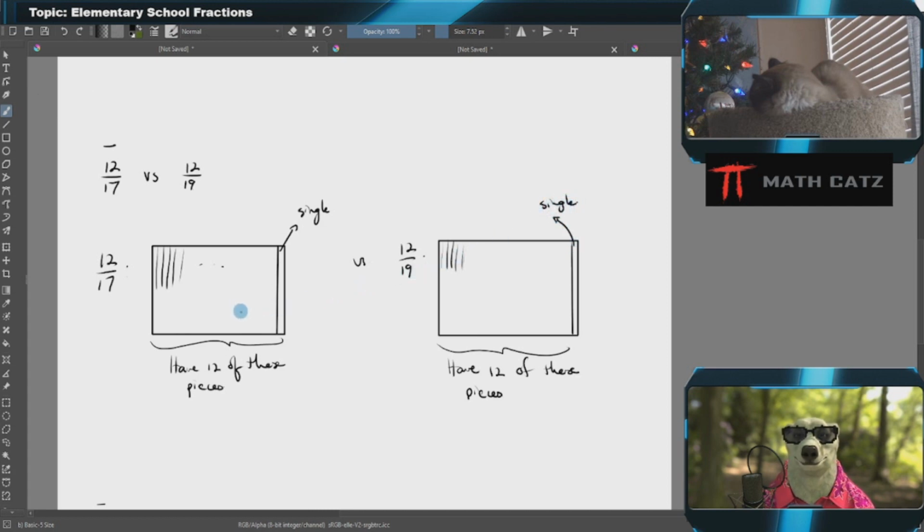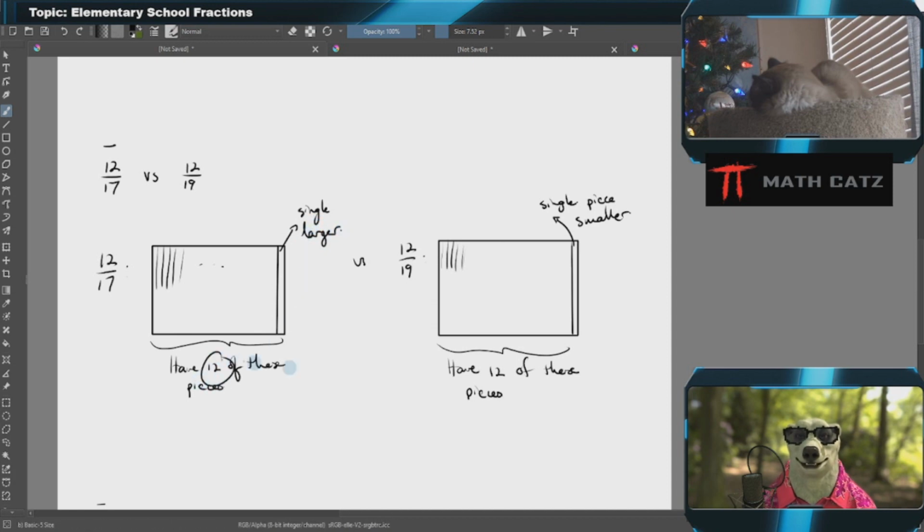The part of a whole concept means that I split this rectangle, this basic unit rectangle, into 17 equal pieces, whereas the one on the right I split into 19 equal pieces. So a single piece on the right is smaller than a single piece on the left.